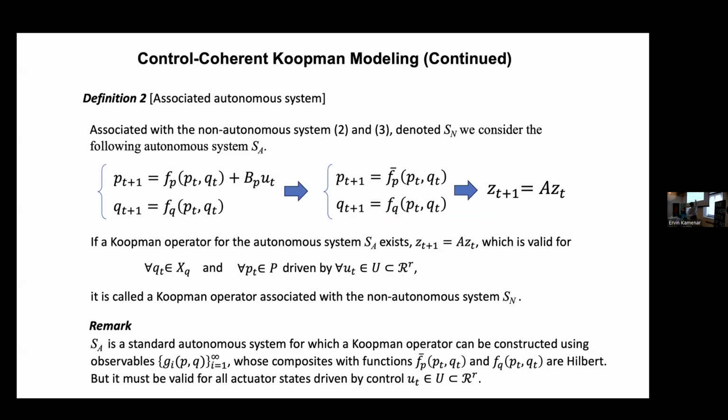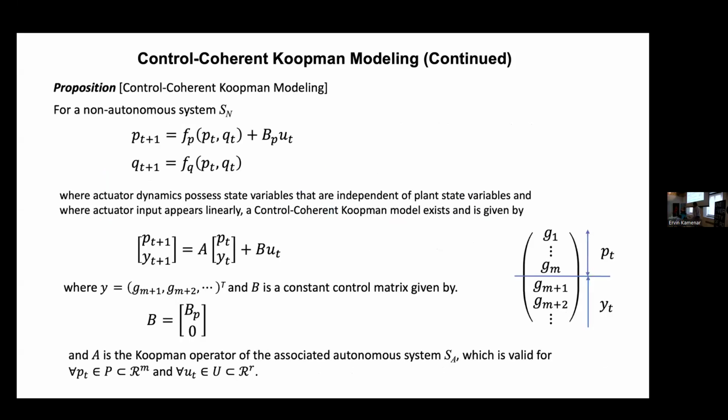The resultant matrix A, however, must be valid in the original system, and the whole dynamic range of the actuator dynamics driven by u_t must be covered in that range. With that, under some mild assumptions, we can reduce the original form into the Koopman operator form with the constant B matrix, B times u_t.